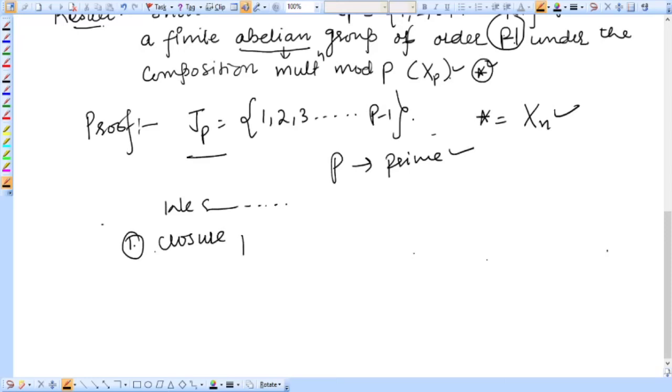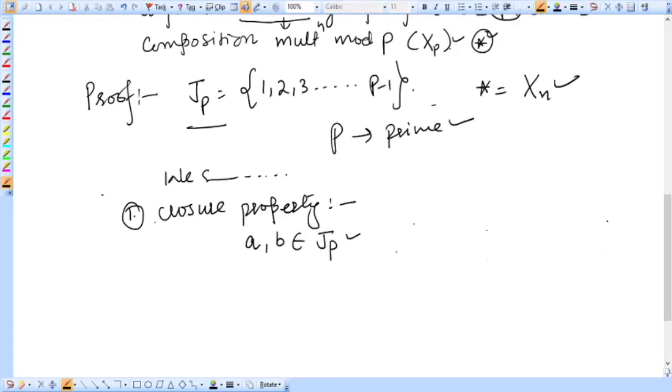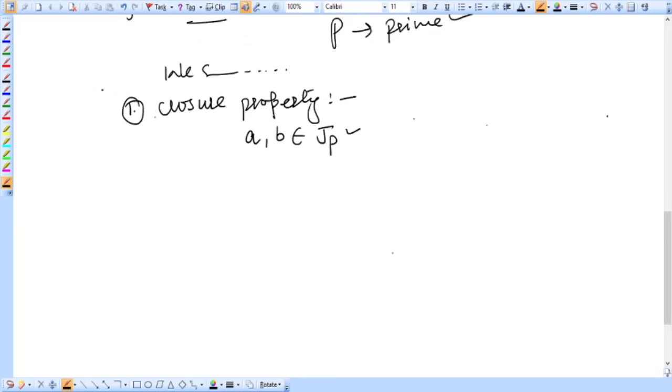So first property, closure property. For this we are going to take two elements a and b from Jp, and now we are going to see their product: a multiplication modulo p, does it belong to Jp? We are going to check this, right?